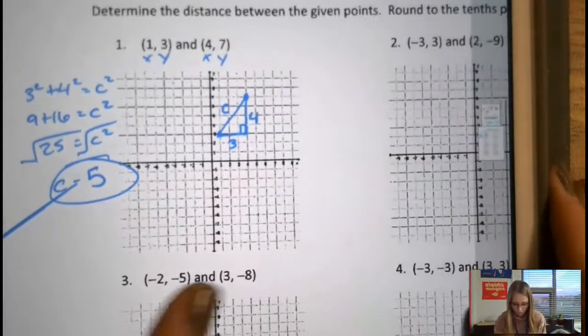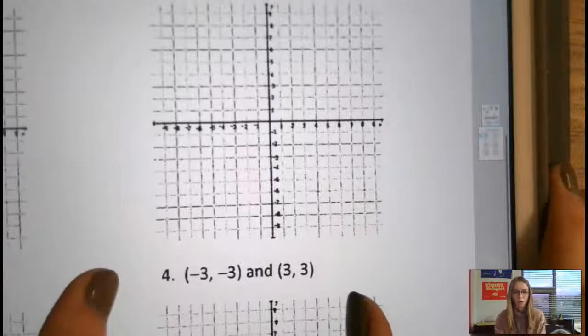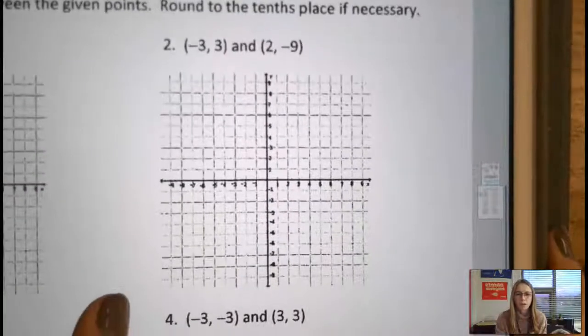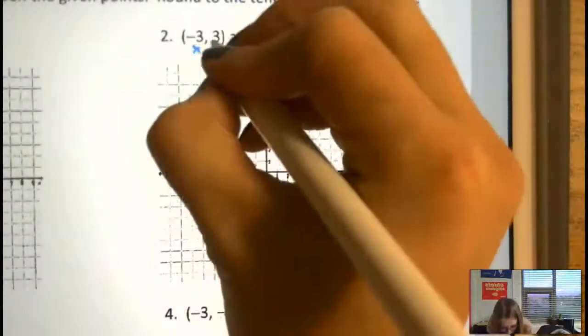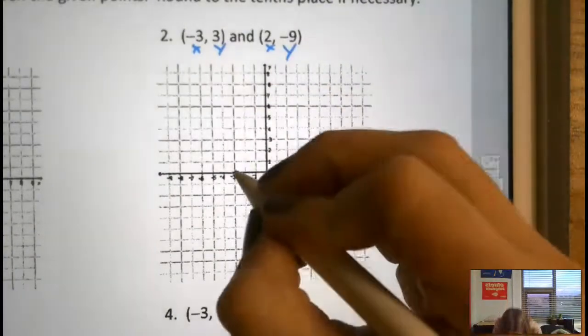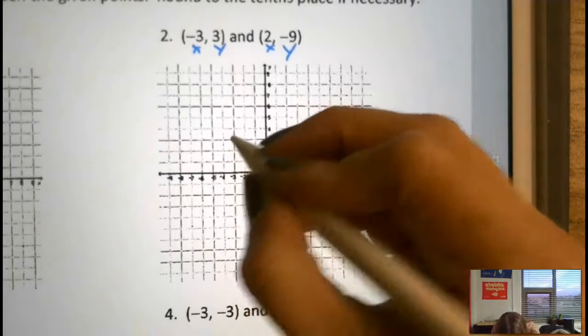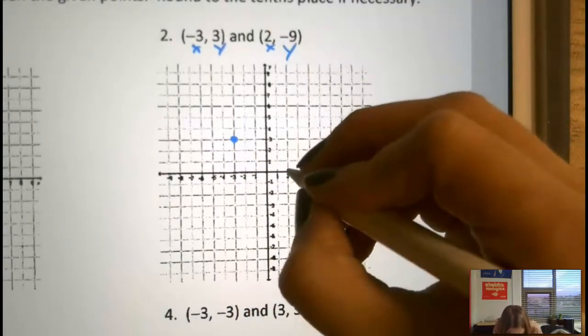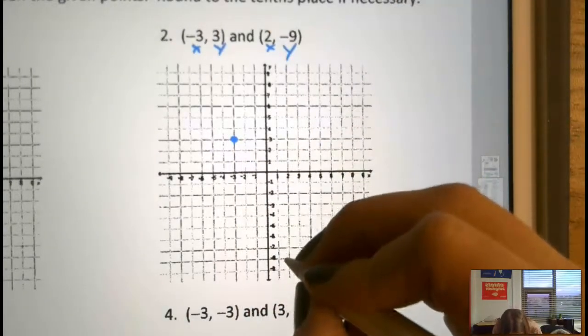Alright, so nothing too different here. We just have to plot some points, okay? Alright, my x and y. Now I gotta go -3, 3, and then I gotta go 2, -9.